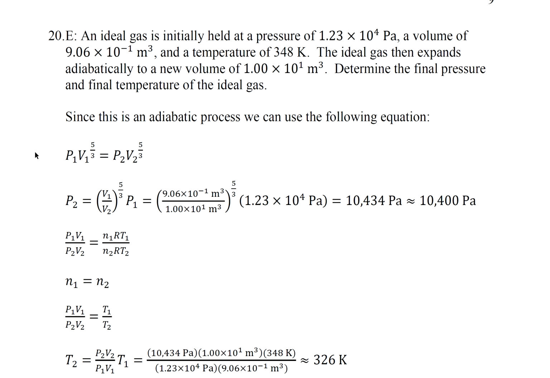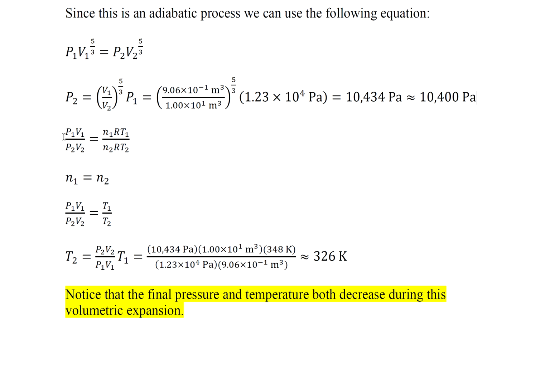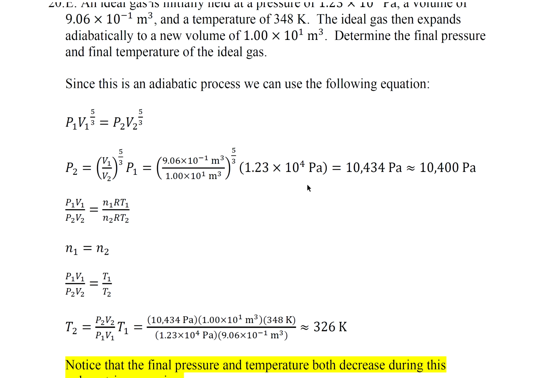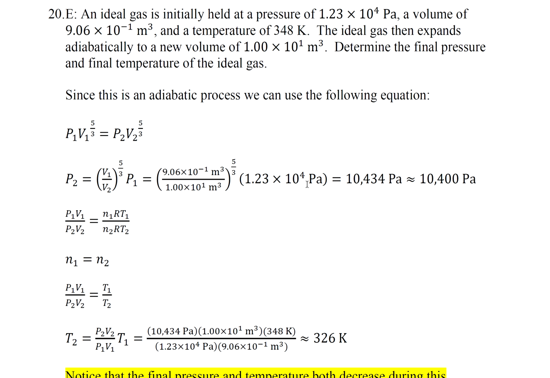Now we're going to use the ideal gas law to solve for temperature 2. So notice that the final pressure and final temperature both decrease during this volumetric expansion. Temperature goes from 348 to 326. Pressure goes from 1.23 times 10 to the 4 to 1.04 times 10 to the 4.